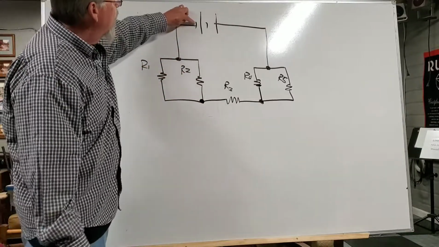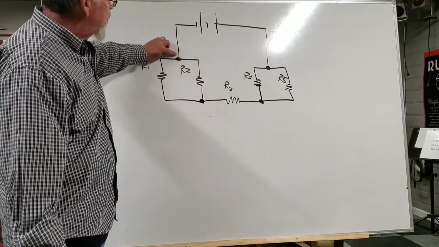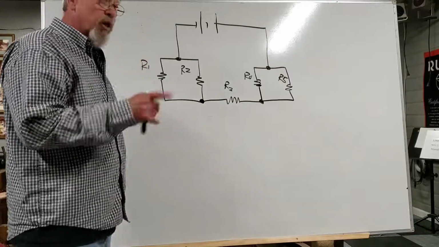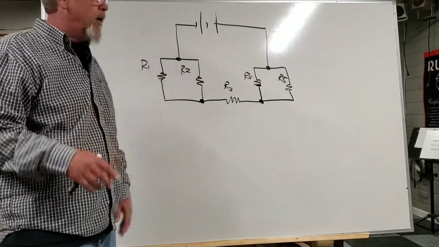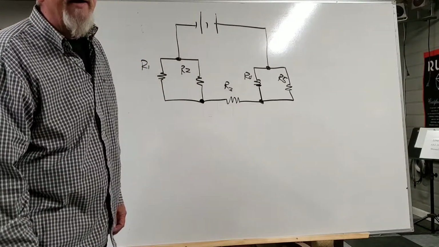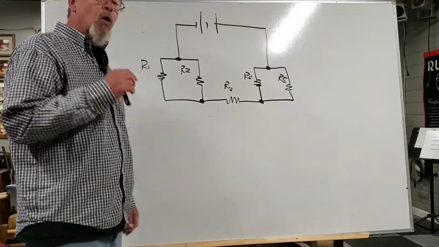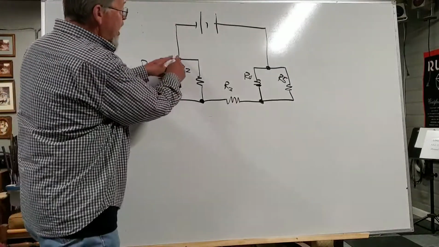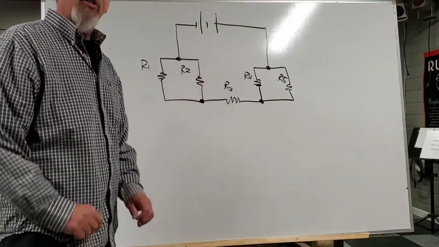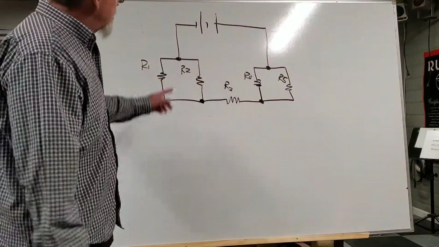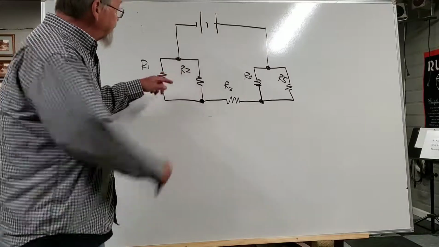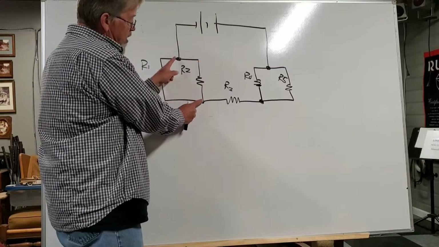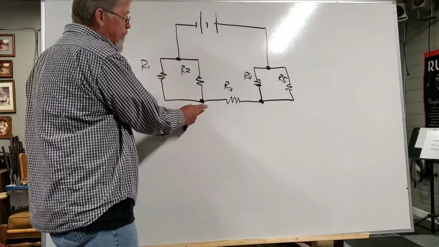So I got one path that connects, and the first thing I get to is a junction point. Well, junction points ought to tell you straight up that I'm looking at a parallel connection, because only parallel connections have junction points that have more than one path splitting off of them. So sure enough, that's what I got. I get here and I got a parallel connection that comes back to this junction point here.